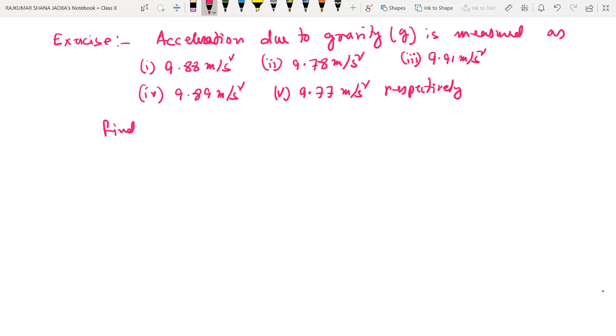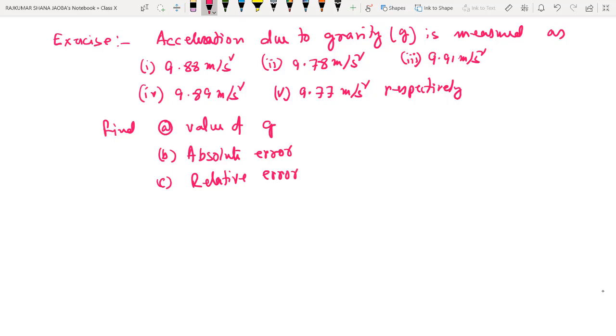Find the mean value of g, absolute error, relative error, and percentage error.